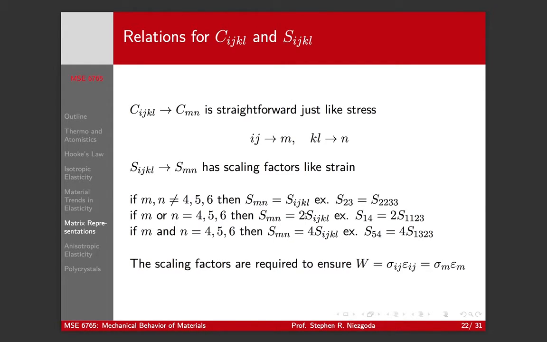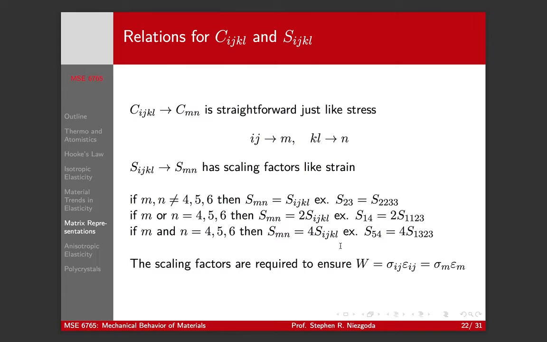So Smn becomes 2 Sijkl. So S14 is equal to 2 S1123. If m and n are both 4, 5, or 6, then we need a 4 out front. So Smn in that case is 4 Sijkl. So the example is S54. 5 is 1 3, 4 is 2 3. So S54 is equal to 4 S1323.